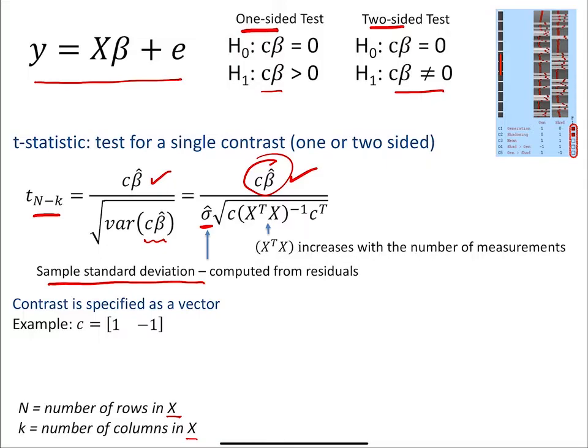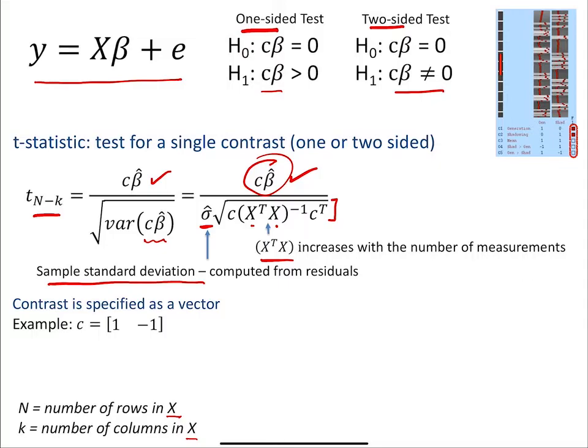There's another element, which is this term here, where the only part that really depends on the design is the inverse of X transpose X. Let's unpack that a little bit. This X transpose X tends to increase with the number of measurements you have. The more measurements you have, that term gets bigger and bigger.